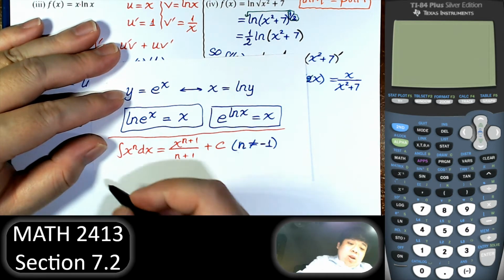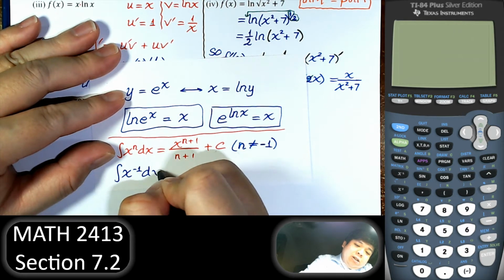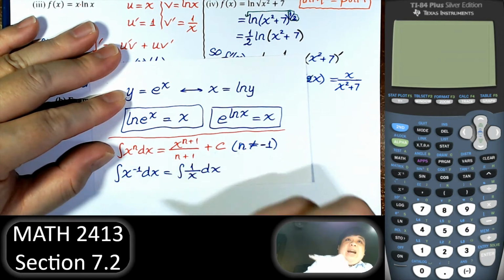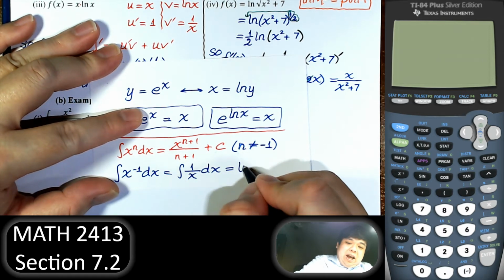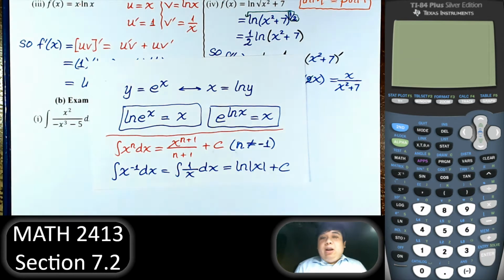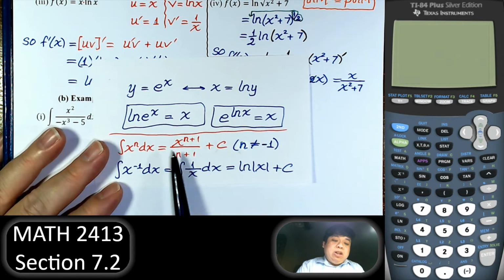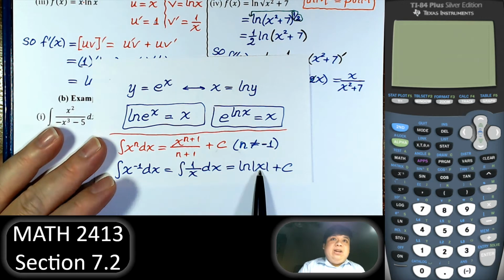But when n equals -1, it is the same as the integral of 1 over x dx. And now if it is -1, it is ln of the absolute value of x plus c. Now we complete the power rule. We can take x raised to any power. If it is raised to the power of -1, it is ln of the absolute value of x plus c.